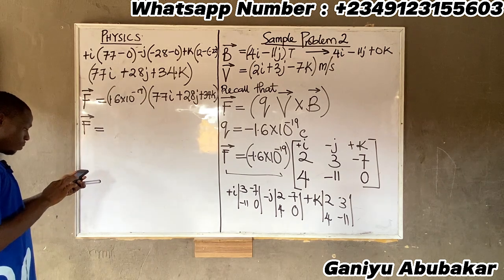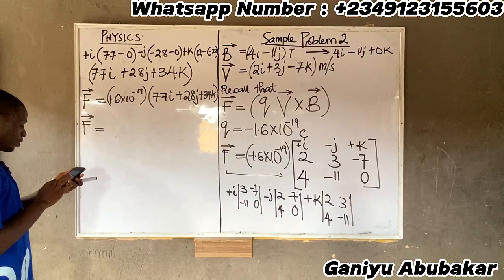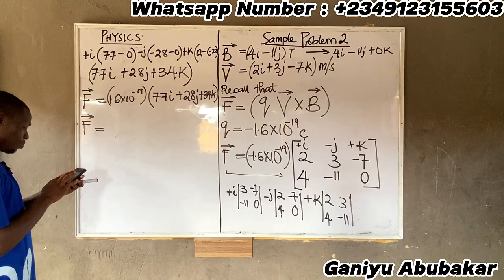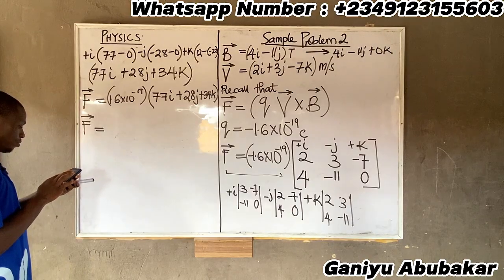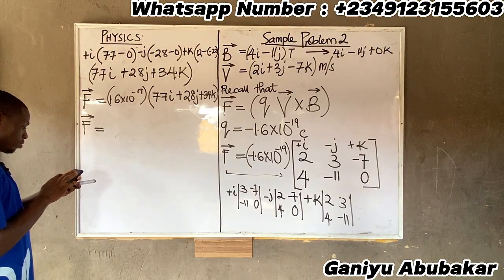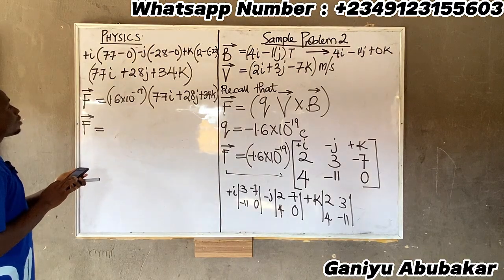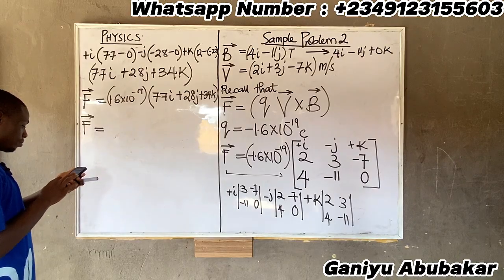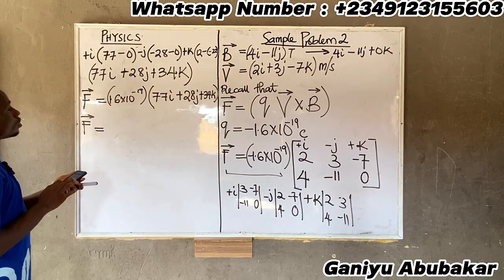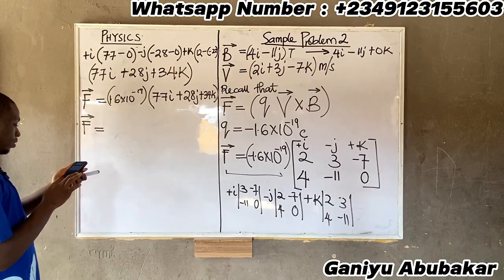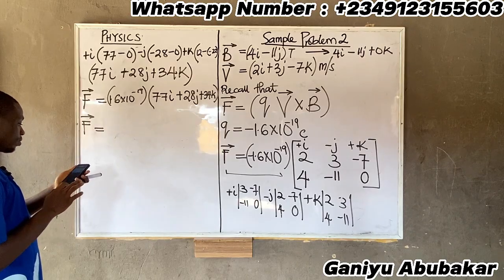1.6 times 10 to the power of minus 19, multiplied by 77.